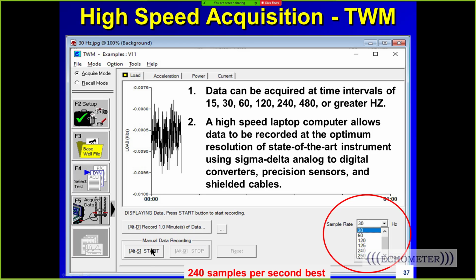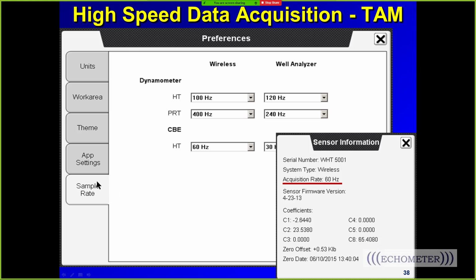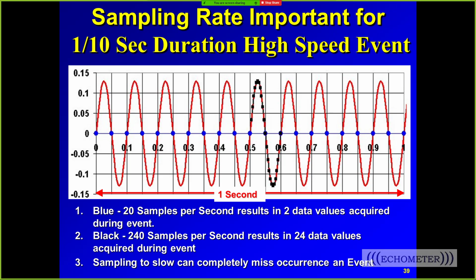Just before you click the start button, you change the sampling speed over to the right. In TAM, you go to utilities and pick sample rate, and then you can tell either for wireless equipment or well analyzer what sampling rate to use. The default would be 60 typically, and you're going to change it to 240 or to 480 if you have some kind of impact load occurring on your wells.